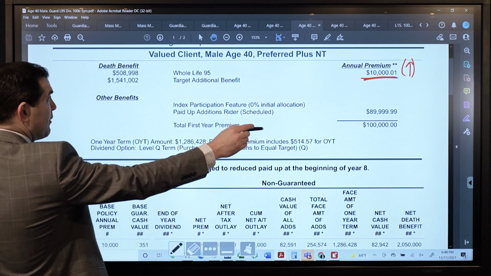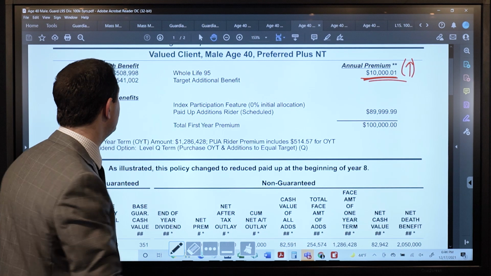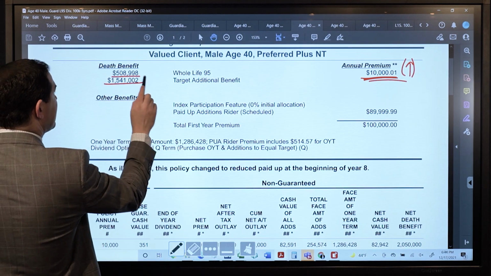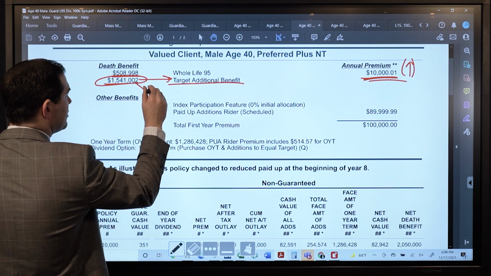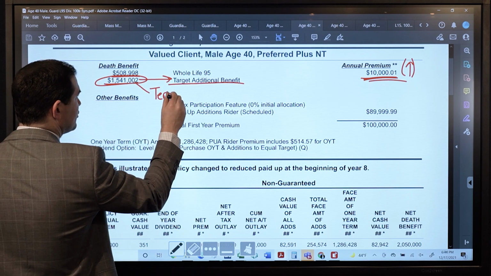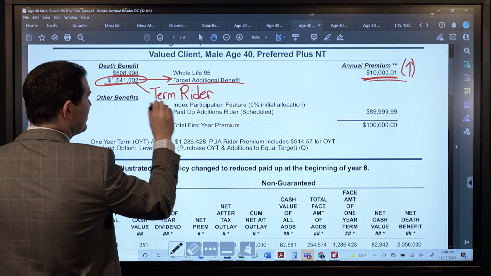data. So what we do in order to keep that premium at a minimum, which is exactly what corporations do with this stuff, is they attach this guy here, this target additional benefit, which is a term insurance rider, which is a cheap way.